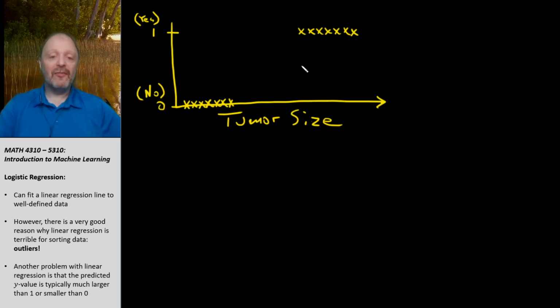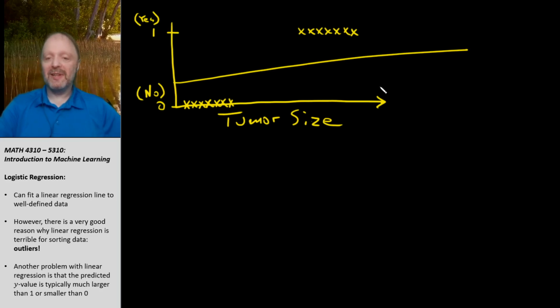Now, if I fit a line to this data like that, we'll just say that's the way the line would fit. It does a pretty good job of separating the two groupings. This is just linear regression. If I had these training examples right here and I fit a line, it seems to do a pretty good job separating them.